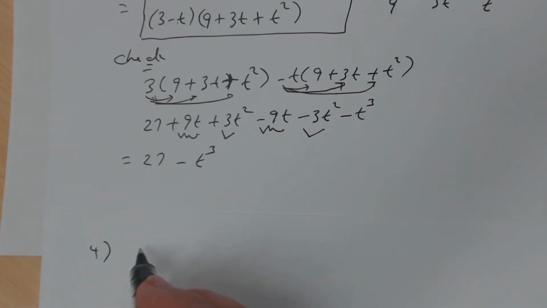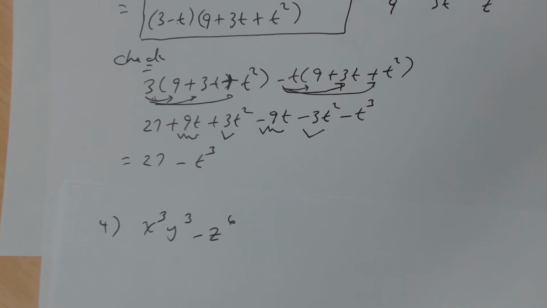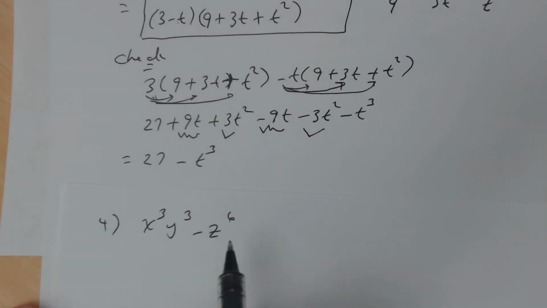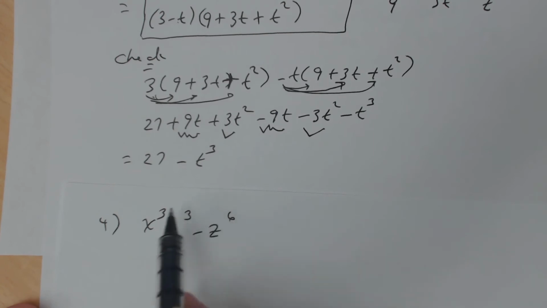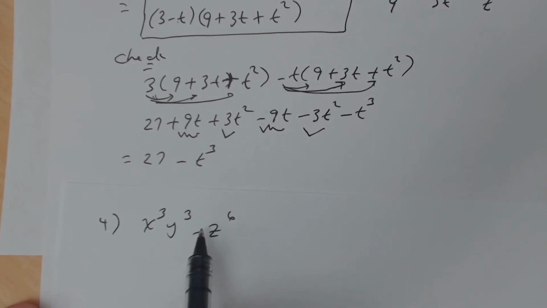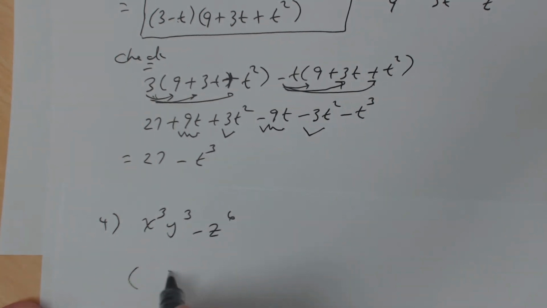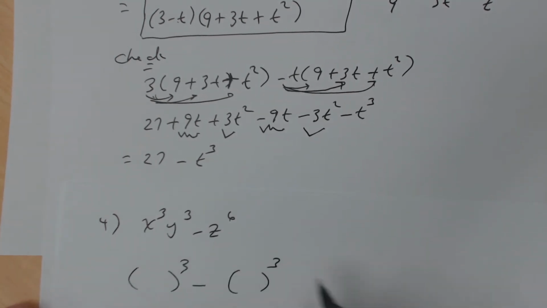So this will be x cubed y cubed minus z to the 6th. Again, the GCF is 1. So check and see if this is the difference of 2 cubes, since these are 3's right here. So see if you can fill in these parentheses.